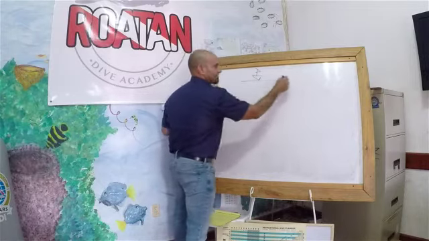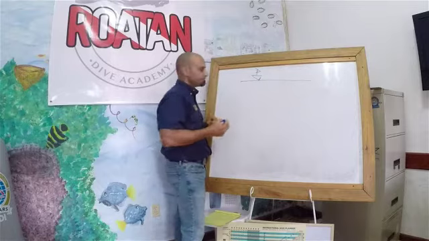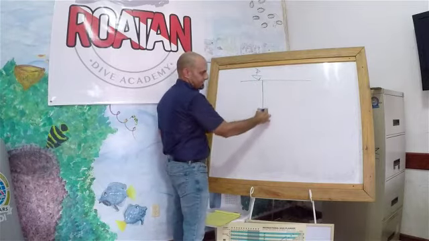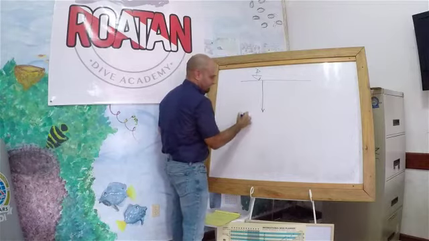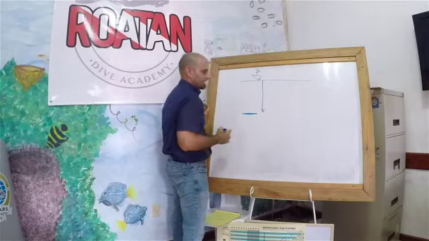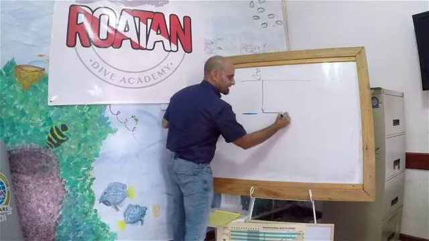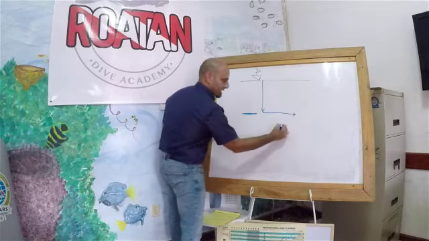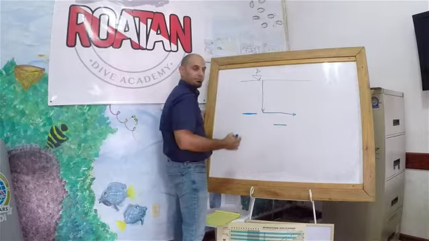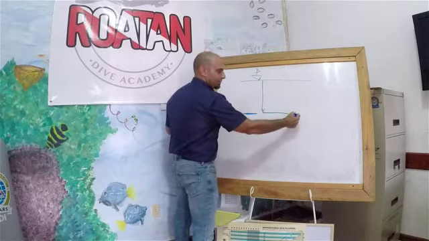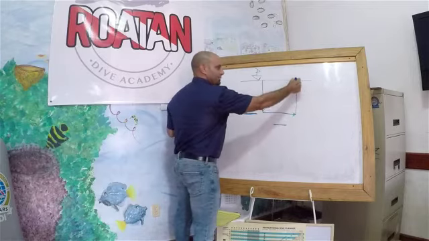Let's say this is the surface of the ocean, and this is my boat. I'm going to start diving, so I'm going to descend to a given depth that I'm going to write down on this lane here. When I get to that depth, I'm going to stay at that depth for a given time that I'm going to write down in this lane here. When I finish diving that amount of time, I'm going to ascend back to the surface.